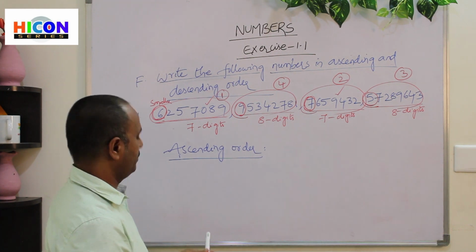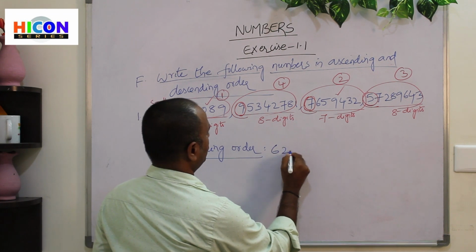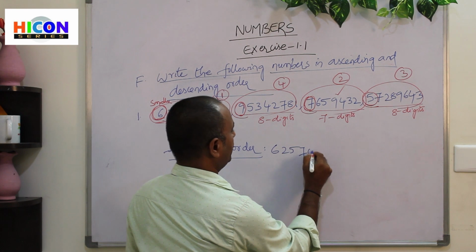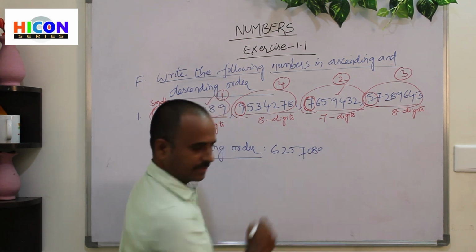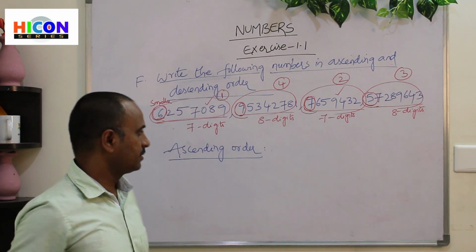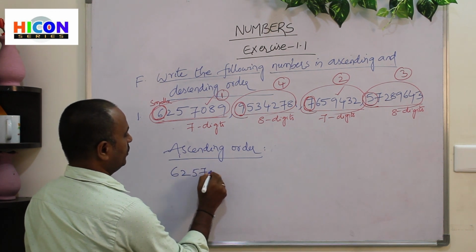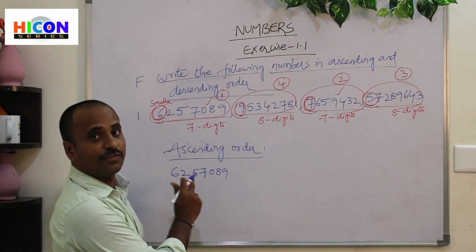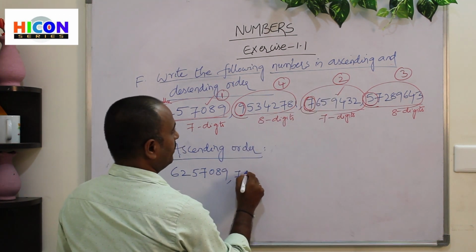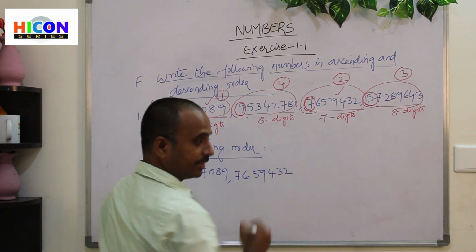Among these four numbers, the first smallest number is 62 lakhs 57,089. Let us write it below. So this is the first smallest number, and the second smallest is 76 lakhs 59,432.